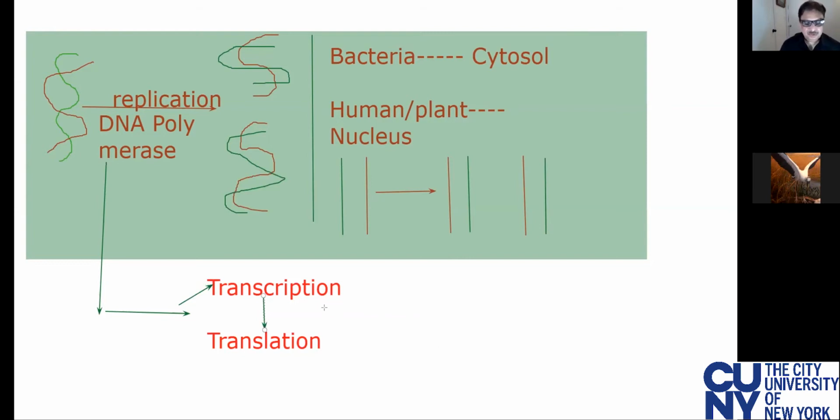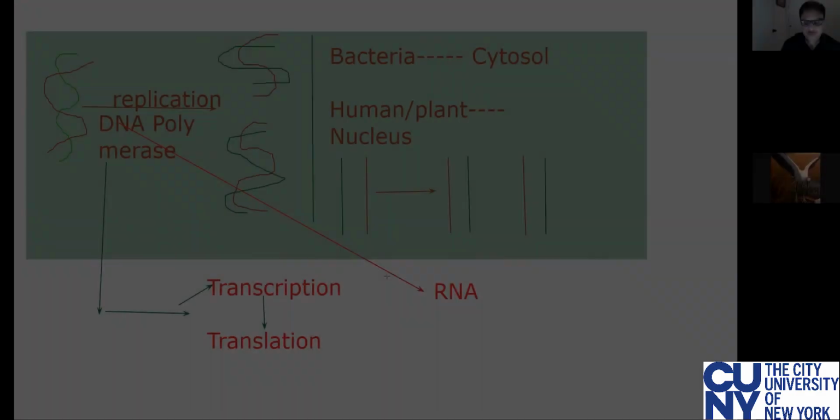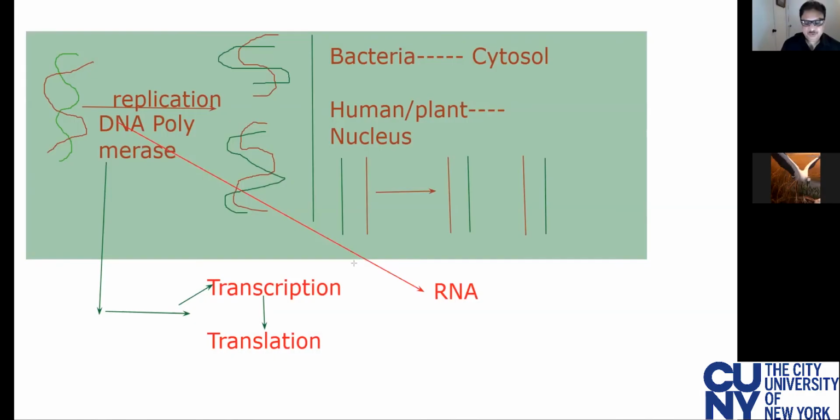What is transcription? Transcription is a process by which the same DNA can work to synthesize a new type of molecule called RNA. When DNA serves as a template for synthesizing RNA, this process is called transcription.